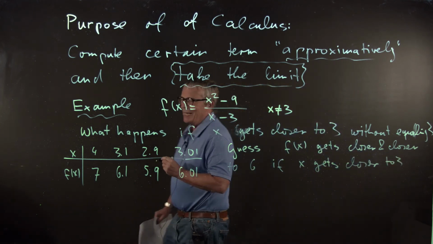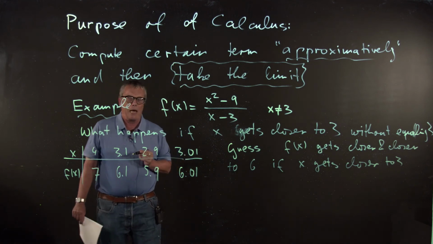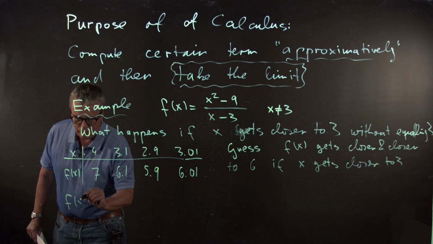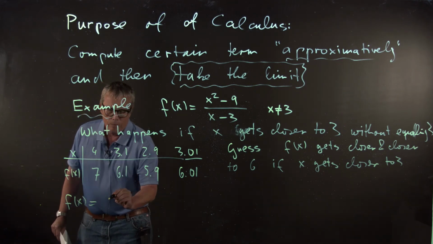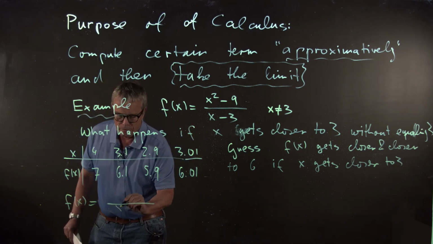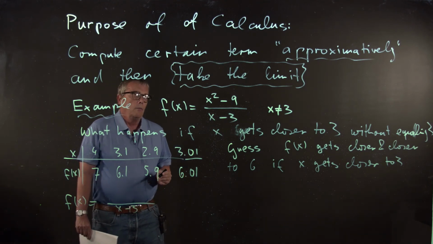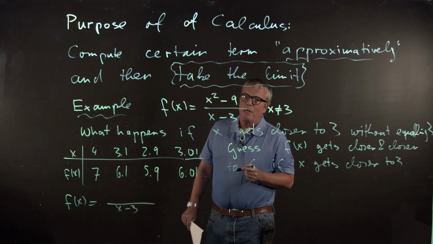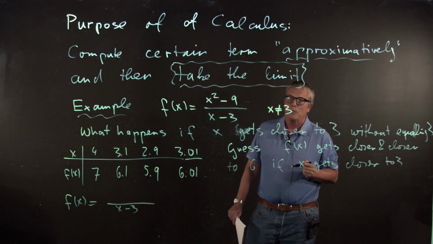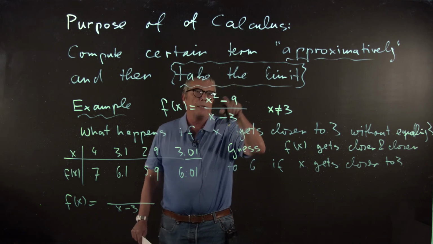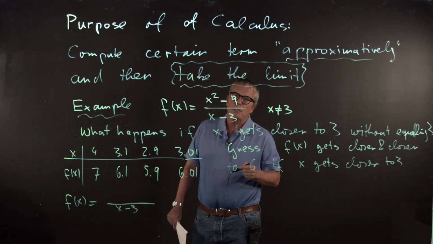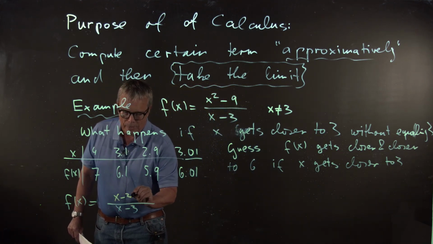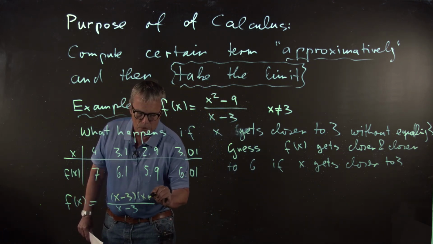And actually we can very easily see that because we can factor the numerator. If you remember the formula a squared minus b squared is the same as a plus b times a minus b. So we have here x squared minus 3 squared is equal to x minus 3 times x plus 3. So we can write it as x minus 3 times x plus 3.